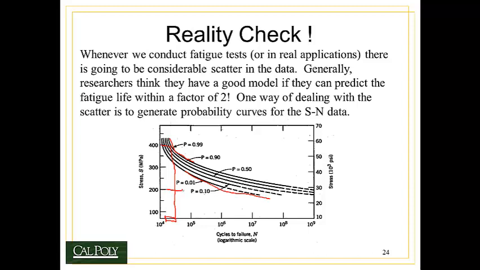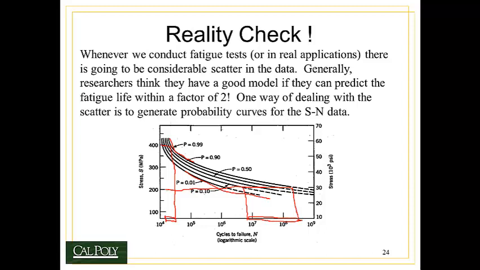On the other hand, if I'm at a lower stress, let's say 200 megapascals, there's a huge range of failures. Everything from just short of 10 to the 7th cycles to more than 10 to the 8th cycles. That's a massive range of number of cycles to failure.